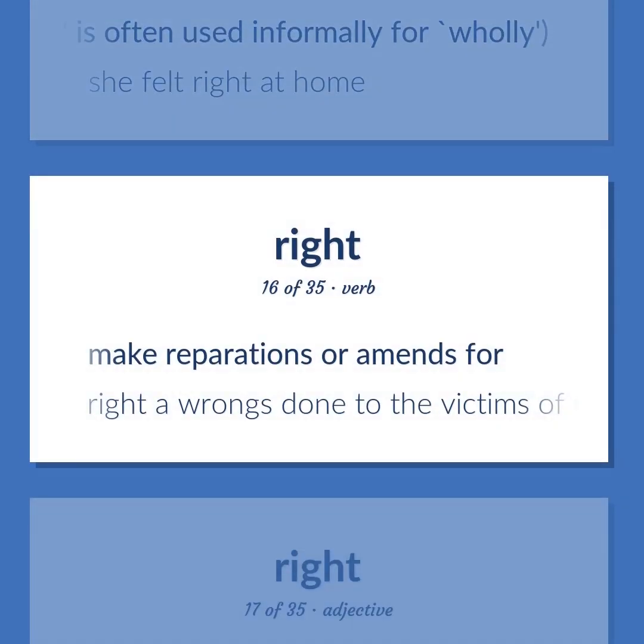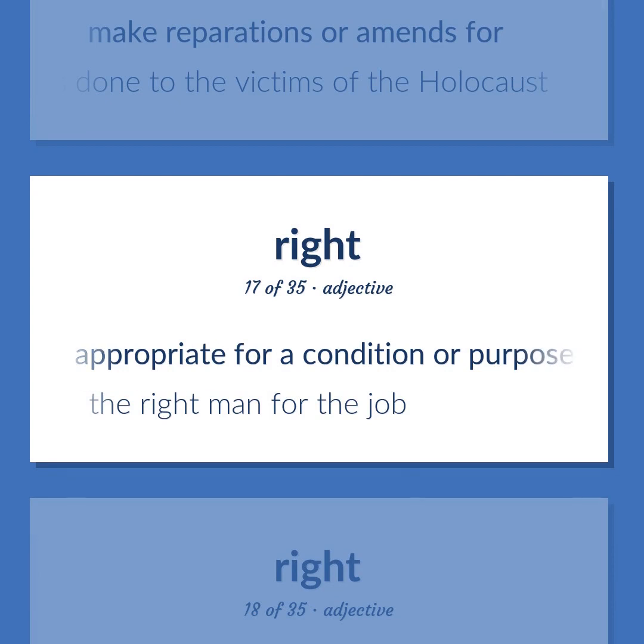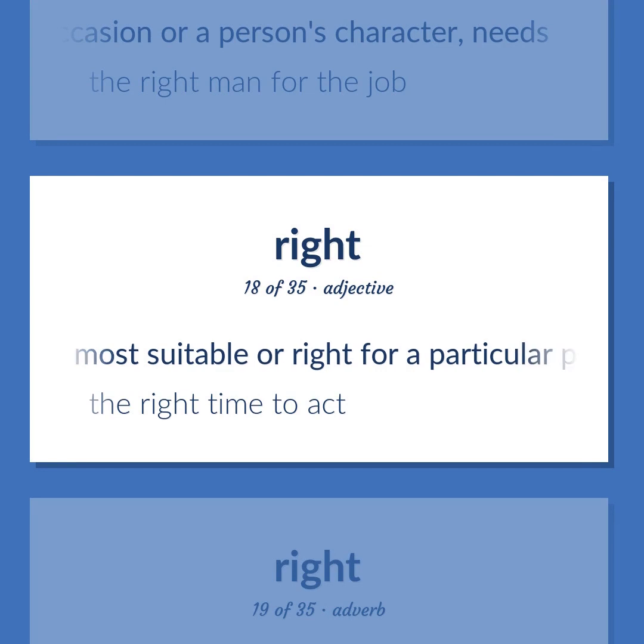Make reparations or amends for. Right the wrongs done to the victims of the Holocaust. Appropriate for a condition or purpose or occasion or a person's character, needs. The right man for the job. Most suitable or right for a particular purpose. The right time to act.